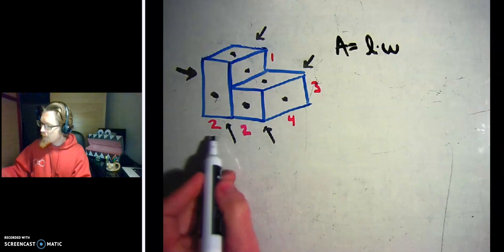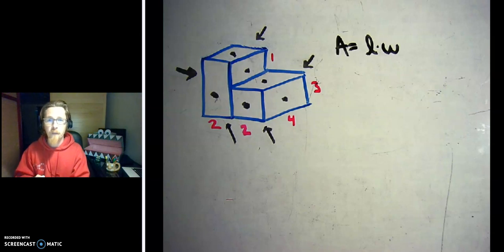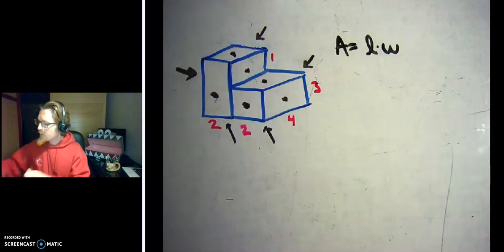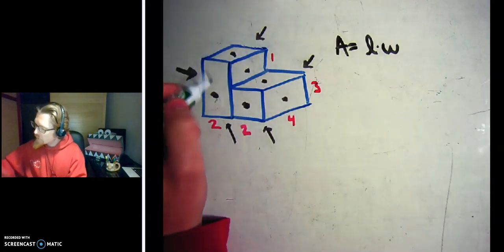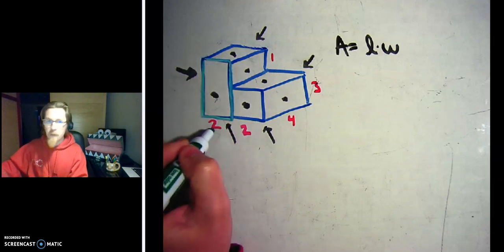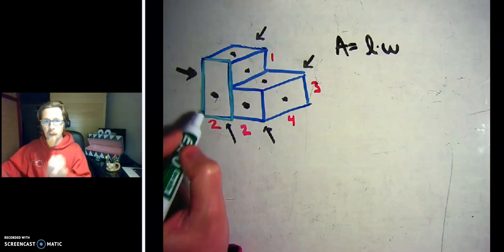Using the given measurements, I think I have enough information to figure out the length and width of each of these faces. So let's go through it. We'll start with the ones that we can see. For instance, this face here, I'll outline it in green. I know that the length is 2, but the height isn't measured.